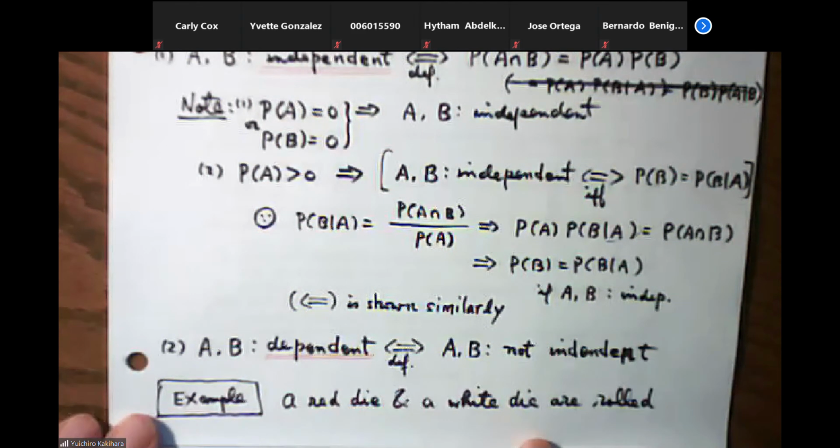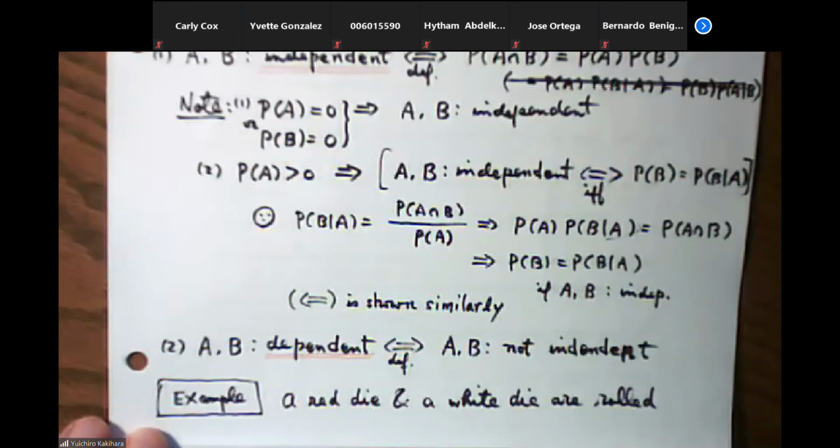There are two dice, one is red, the other one is white. Those are rolled, and then we consider two events.